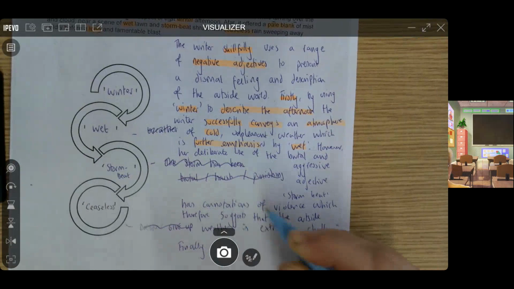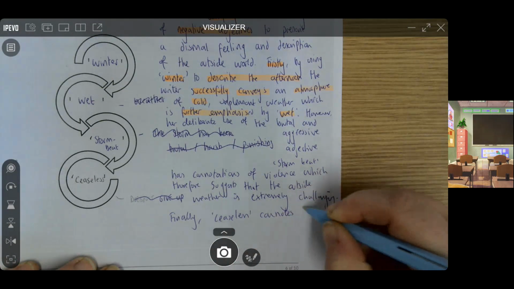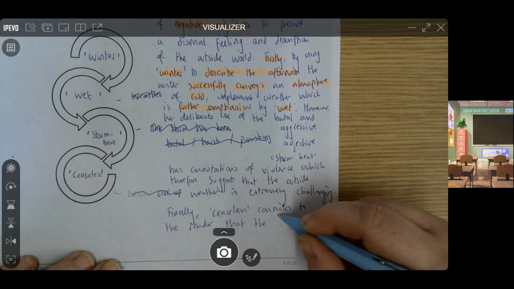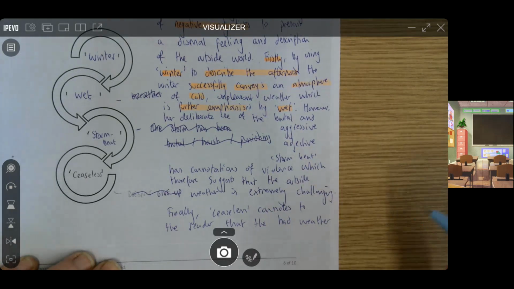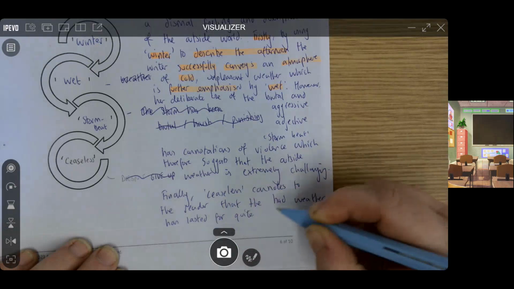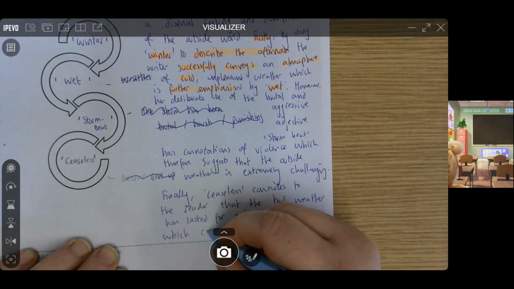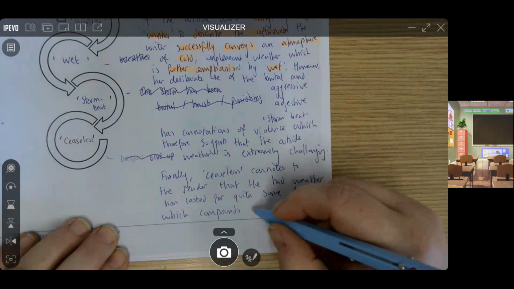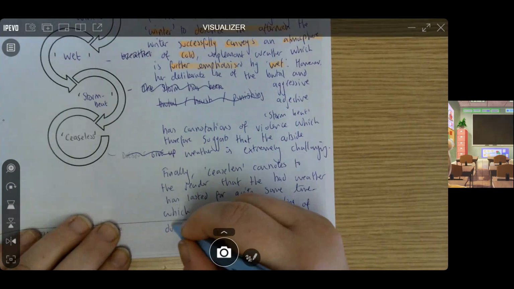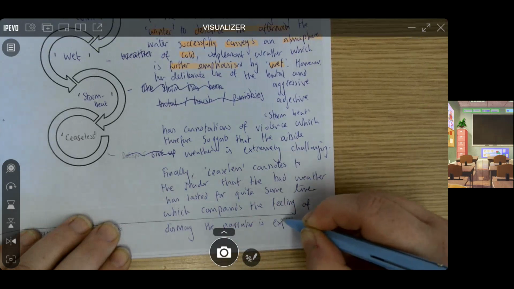Finally, ceaseless connotes to the reader that the bad weather has lasted for quite some time, which compounds the feeling of dismay the narrator is experiencing.